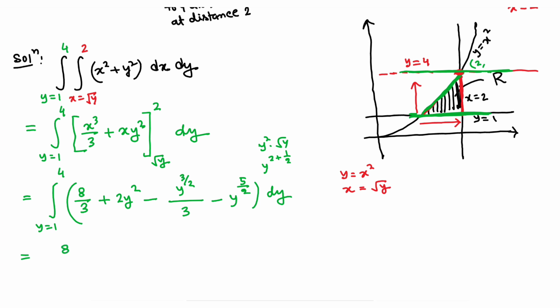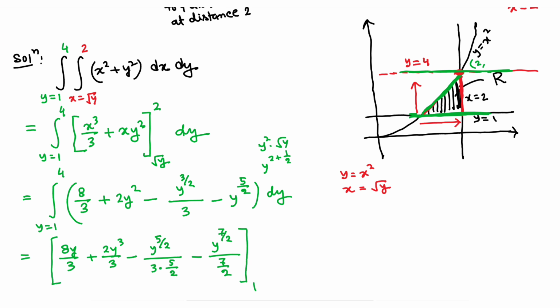This will be 8y by 3 plus 2y cube by 3 minus y to the power 3 by 2 plus 1, that means y to the power 5 by 2 divided by 3 into 5 by 2, minus y to the power 5 by 2 plus 1, that means 7 by 2, divided by 7 by 2, and the limit is 1 to 4.